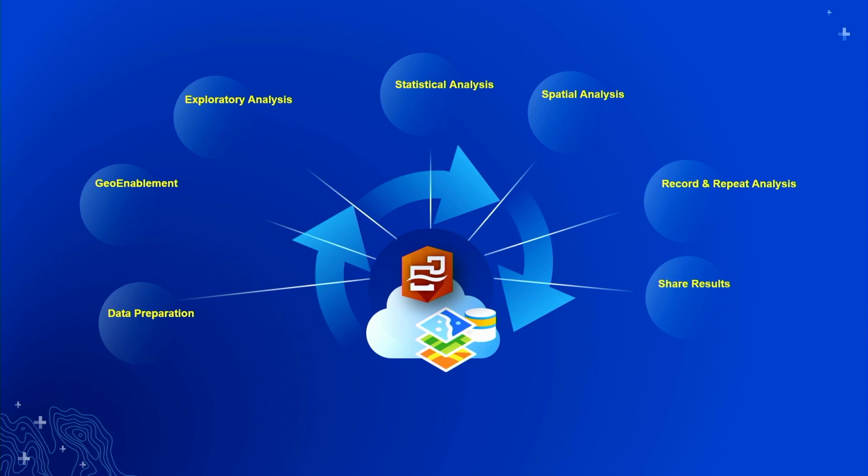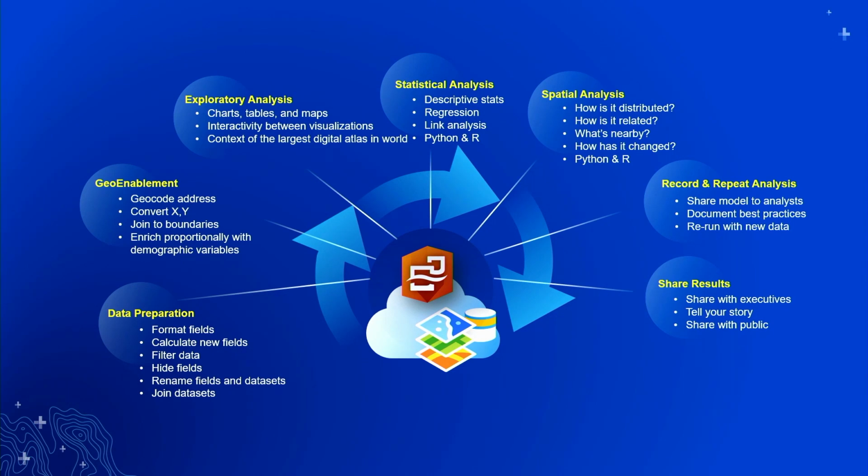And then analysis, exploring that data, and finding questions to ask. Once you have those questions, do things like spatial and statistical analysis. All that is modeled for you behind the scenes, so you can repeat that analysis yourself or share it with others. And that sharing part includes the analytical models and, of course, the information products or reports or dashboards. Today we're going to go into these details.